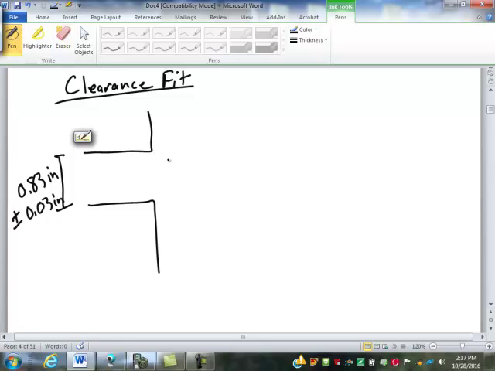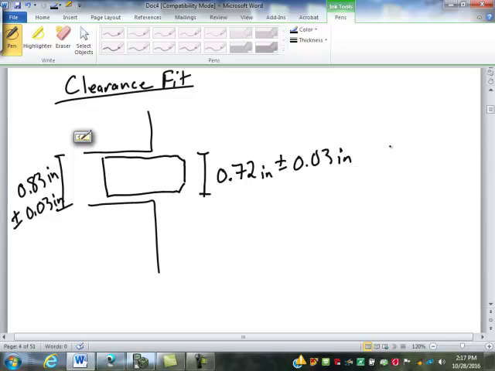Next, that bolt that's going to be sliding in and out, we might make that a little smaller to make sure we've got plenty of allowance there. So instead of 0.75, we might make it 0.72 inches, plus or minus 0.03.